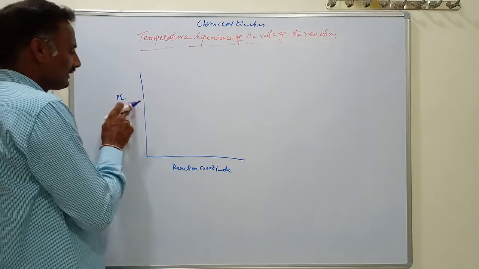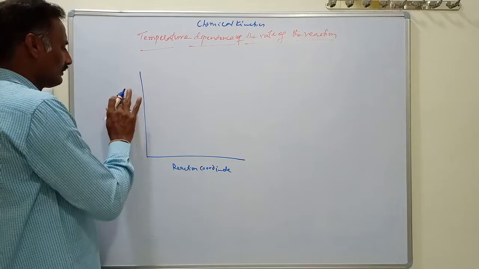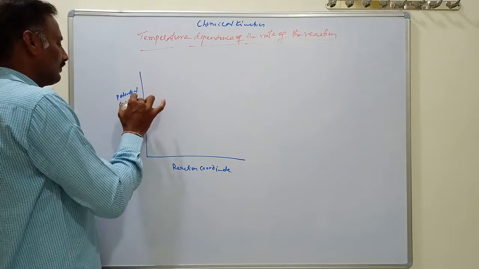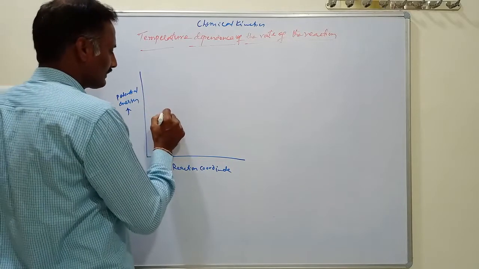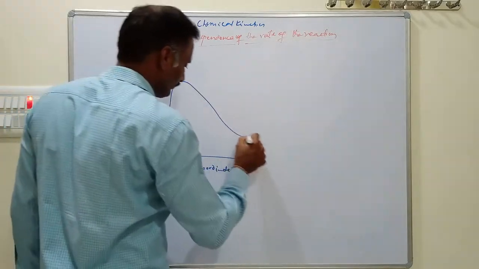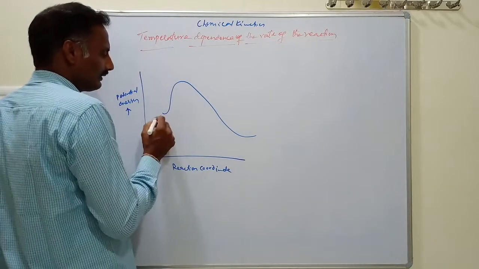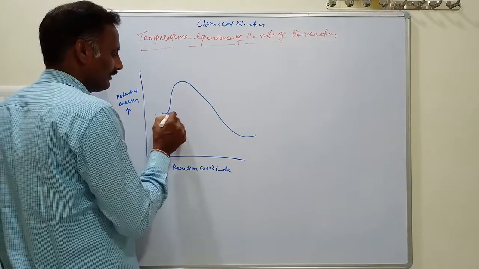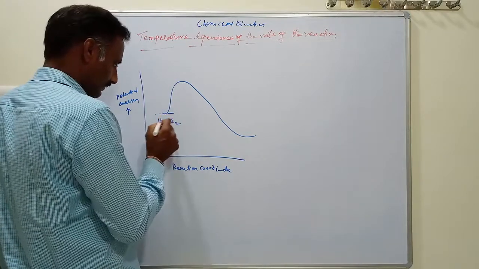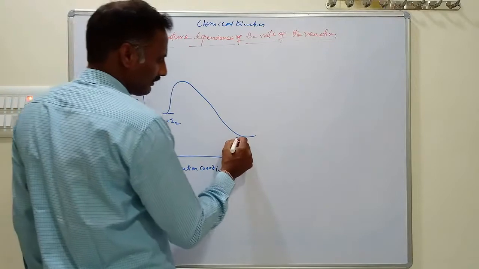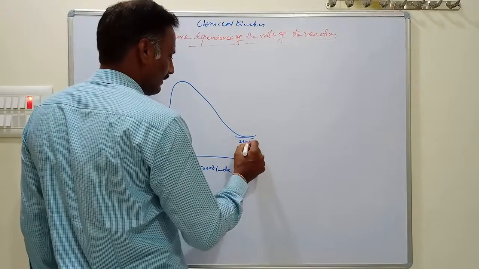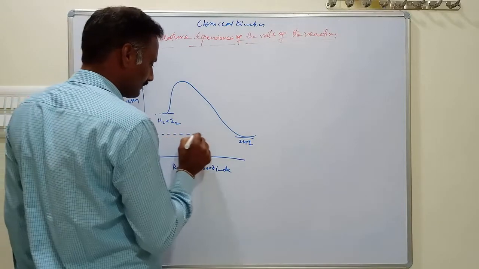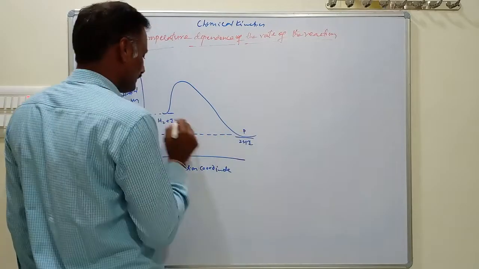If you draw potential energy versus reaction coordinate, we get a graph like this. This is H2 plus I2, the reactants, and this is the normal energy of reactant molecules. This is 2HI, the energy of the products. This is the reactants.